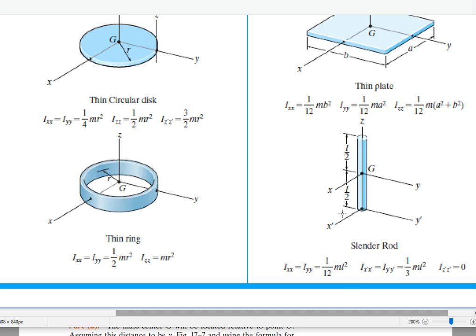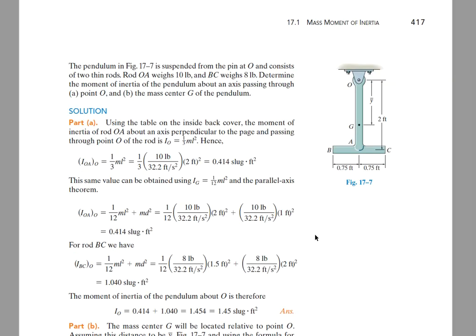As you can see, it's just the length and the mass that matters, because it's assumed slender. So 1 over 3 ml squared would be for the vertical piece, and then for the transverse piece, we're going to take the moment of inertia about the middle, the centroidal moment of inertia, 1 over 12 m times the length of the T section squared, and then the parallel axis theorem, that is the mass of BC times the distance OA squared.